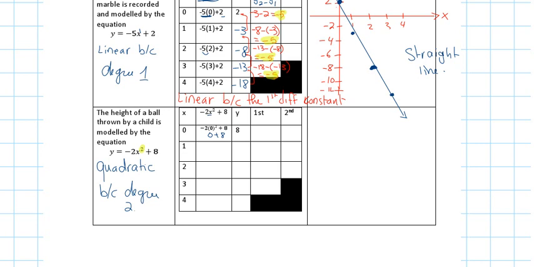Okay? For the next one, what do I write? Negative 2. What do I replace the x with? 1 squared plus 8. BEDMAS says I'm going to have to do my exponent before I do the multiplication, right? So I have to do the 1 squared first. That gives me 1 times negative 2. So negative 2 plus 8, which is going to give me 6.